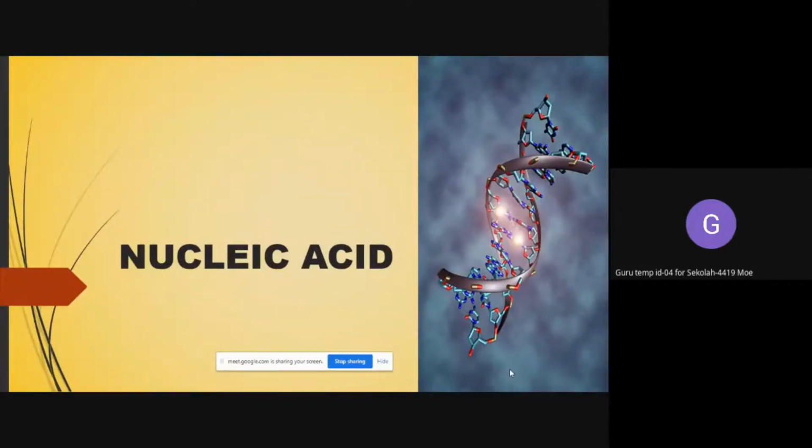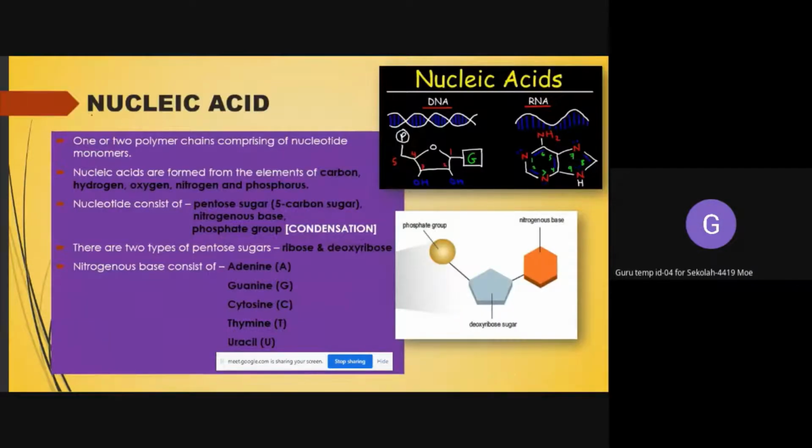Okay, next we continue with nucleic acid. Nucleic acid, one or two polymer chains comprising of nucleotide monomers. So one polymer chain refers to RNA. Two polymer chains refer to DNA.